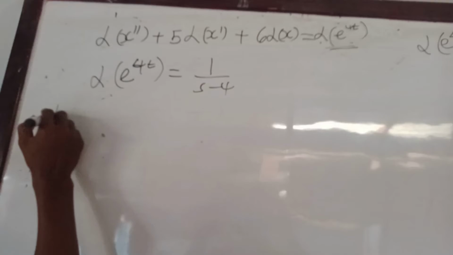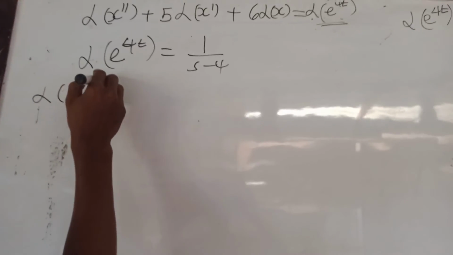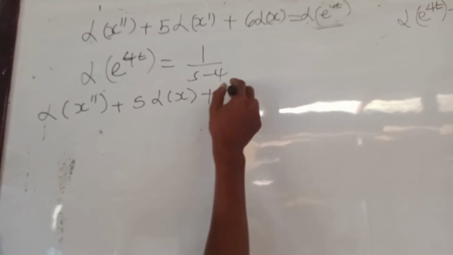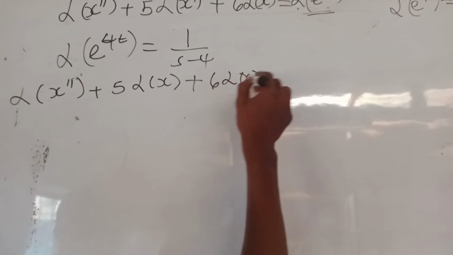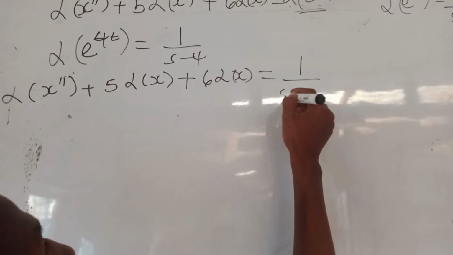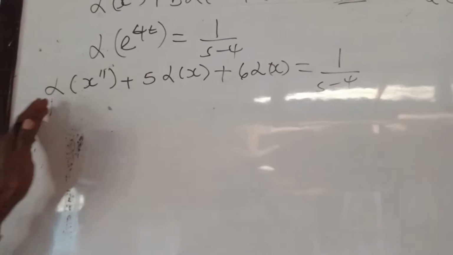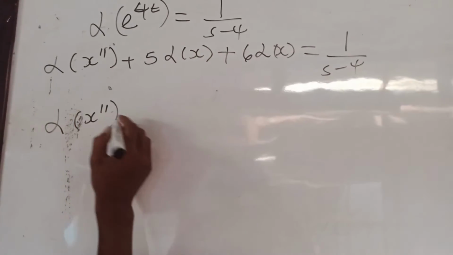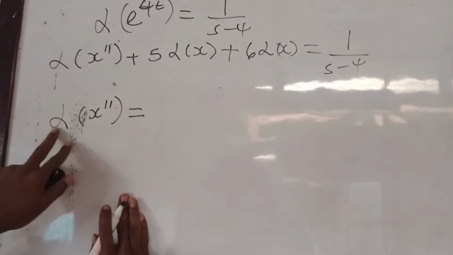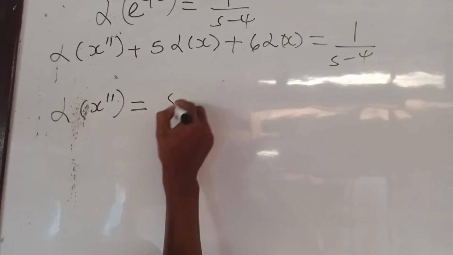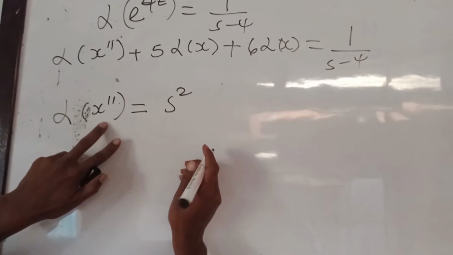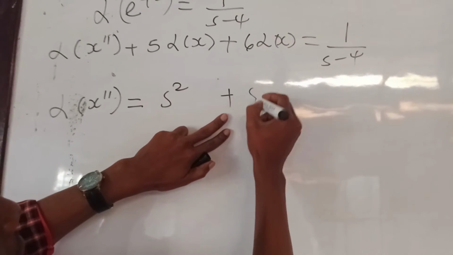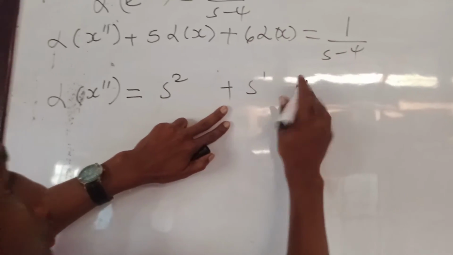So now we rewrite the equation as is equals to 1 over s minus 4. So now we begin solving for this. L of x double prime, the Laplace transform of x double prime, is s squared L of x, then minus s power 1 times x of 0, minus s power 0.